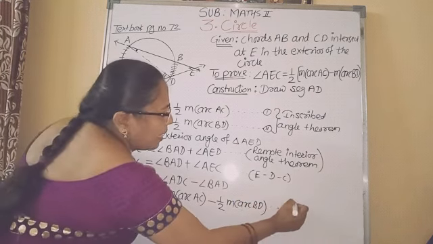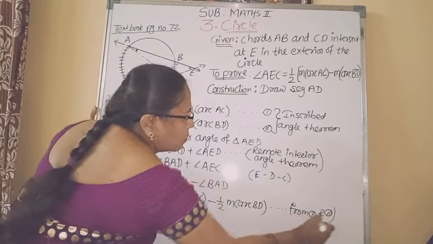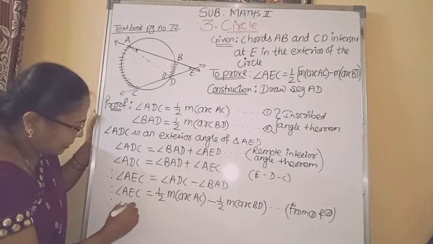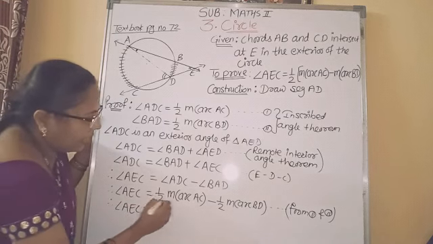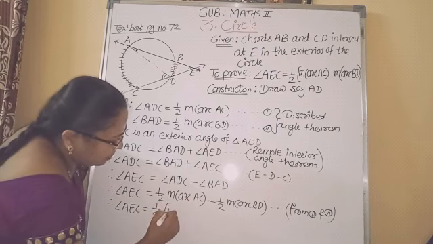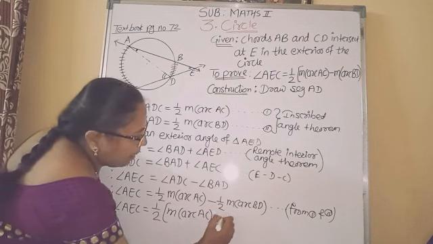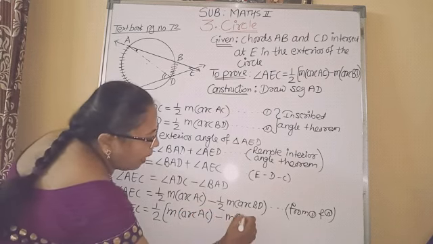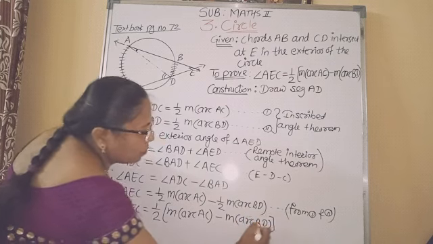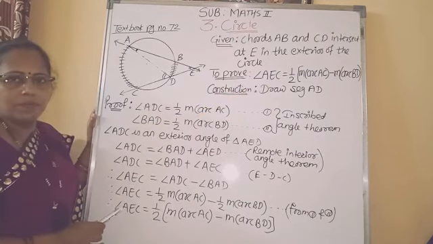Reason: from 1 and 2. Therefore, angle AEC is equal to, take half common factor and in bracket measure of arc AC minus measure of arc BD. Bracket close. So this way we got what we want to prove.